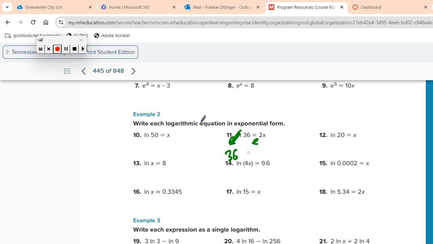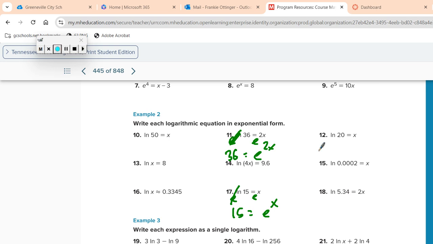When I read this answer to you out of the book, the answer is equal to e to the power of 2x. That would be the only thing that would be kind of different there. Let me look at all of these. Jump down and do 17. e to both sides, they undo each other, and 15 is equal to e to the power of x.